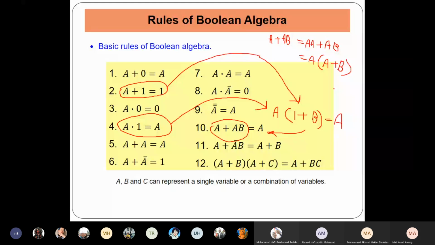So then after that, which one do you take? 2 and 4 again. Which one?